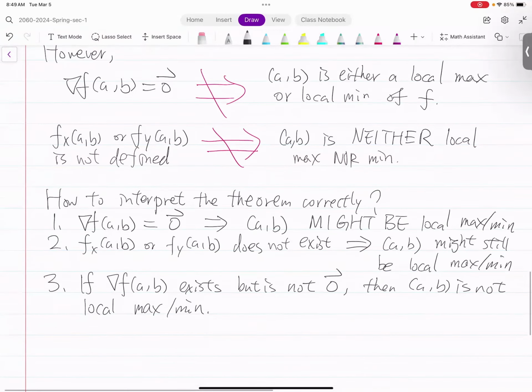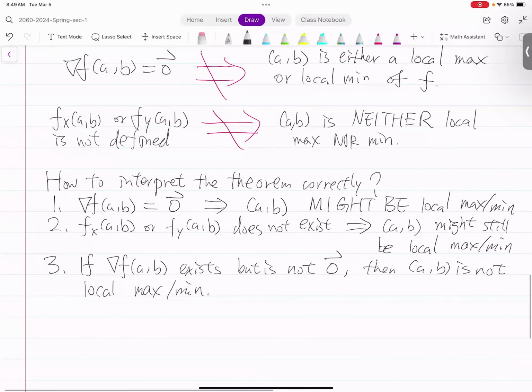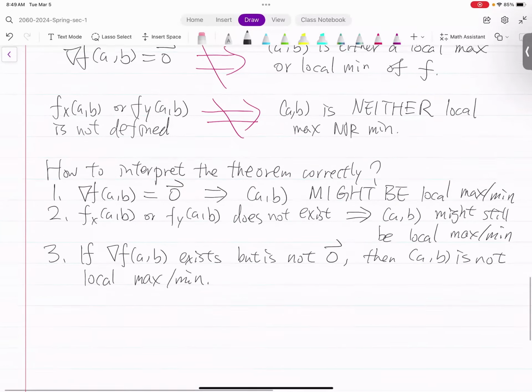Okay, so the third item is exactly what that theorem tells you. But then still, in order to calculate the local extreme points, we still need to worry about items 1 and 2. Okay. And these two kinds of points are called the critical points.